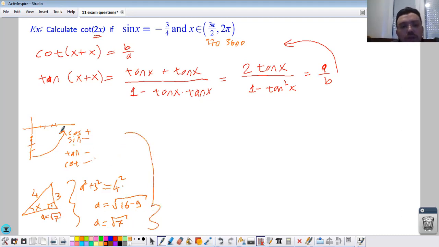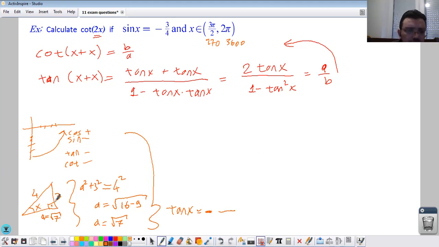Now, by using all of this knowledge, I will find the result of tangent x. Firstly, I check, should it be positive or negative? By looking at the given quadrant, tangent has to be a negative number. Then from the triangle that I made over there, I write the tangent result, which is opposite side over adjacent side.